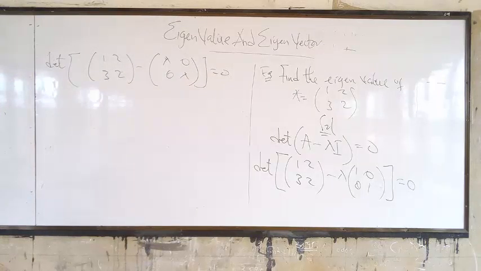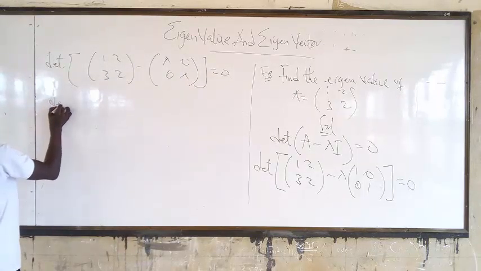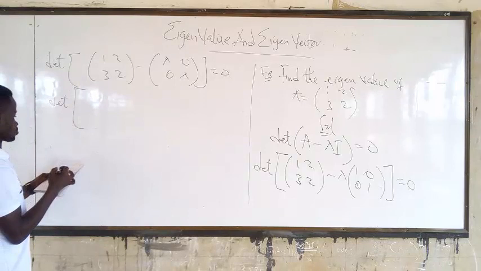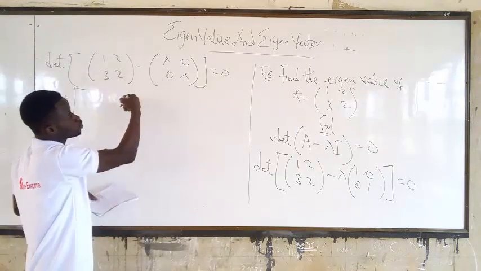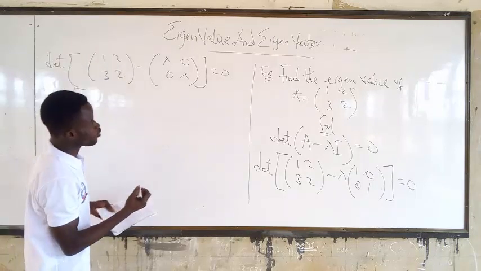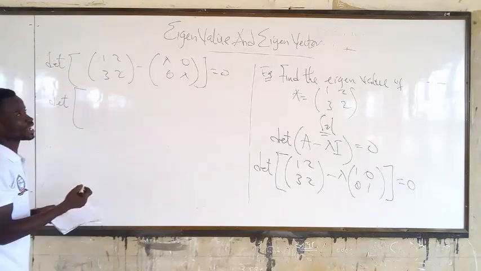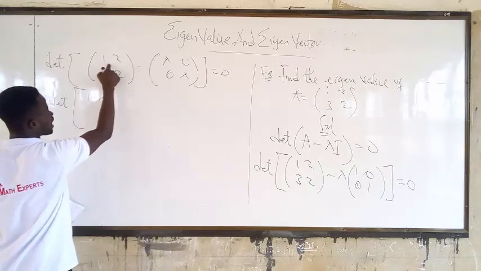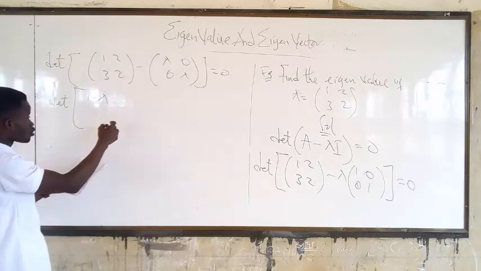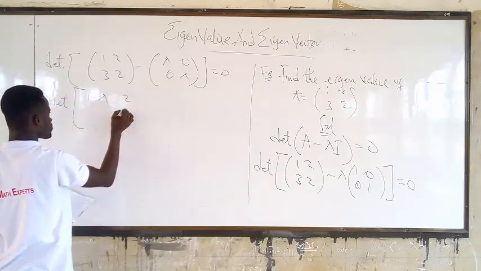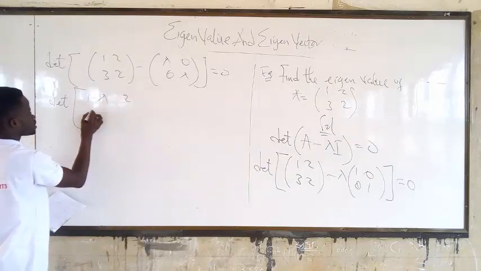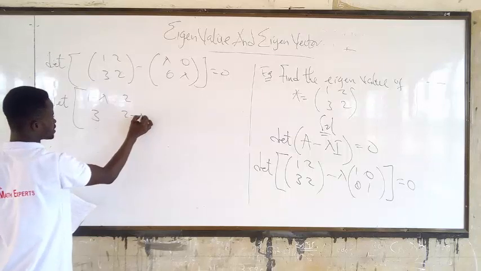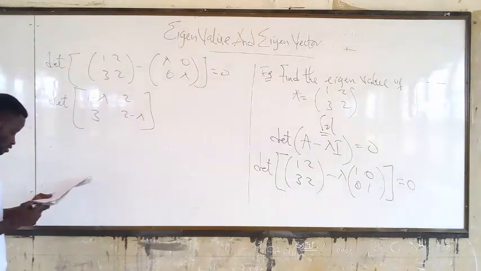So after here, then repeat the determinant. You subtract the corresponding components, right? So 1 minus lambda, then 2 minus 0 will be 2. So 3 minus 0 will be 3. So here will be 2 minus lambda. So that's what we are going to get.